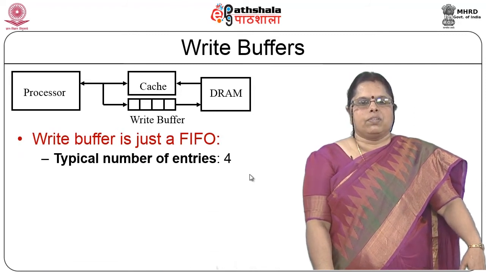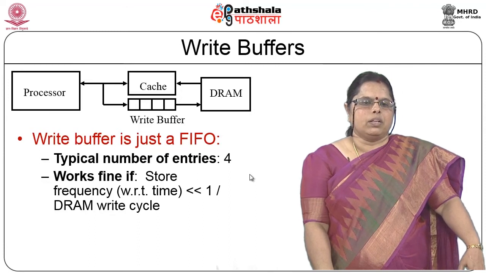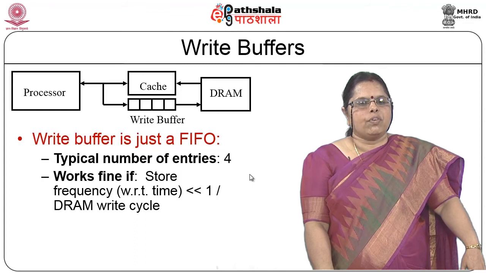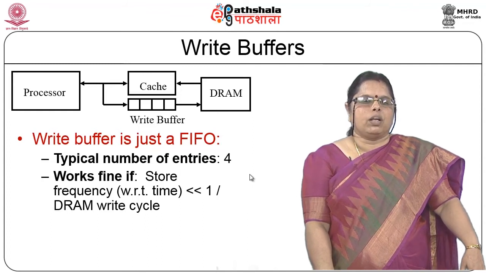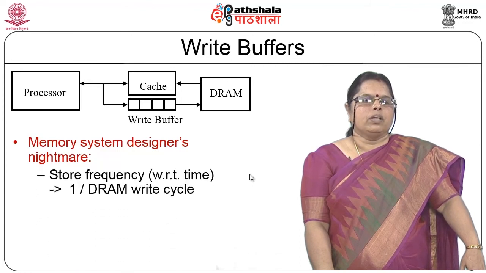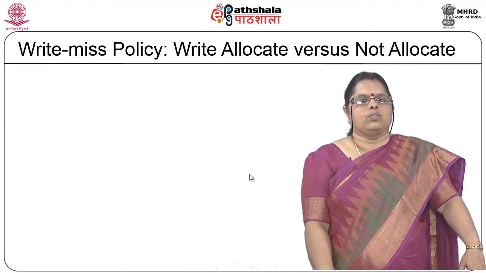The write buffer is just a first in, first out, and typically you can have some number of entries, like 4. It works fine if the store frequency is far less than 1 by the DRAM write cycle. But if your store frequency moves towards 1 by the DRAM write cycle, then you have what is called write buffer saturation.